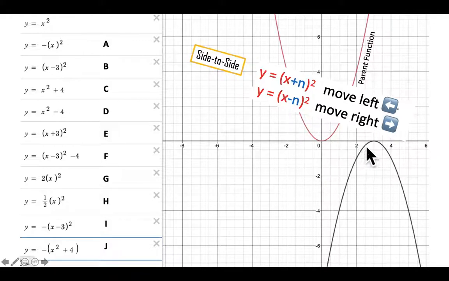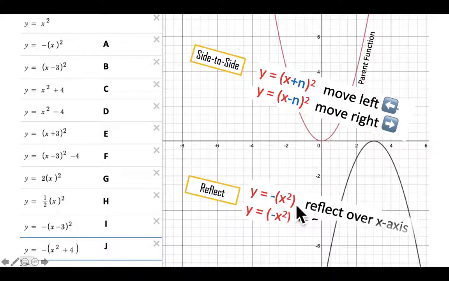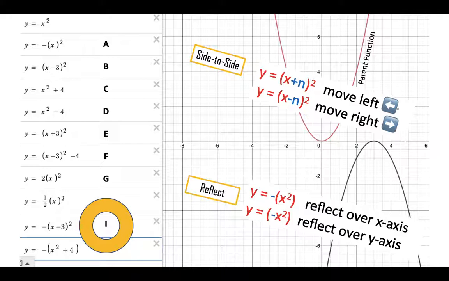So it's moved to the right 3. So we want a pattern that says x minus 3, and it has reflected over the x-axis. So we know that we're also going to look for a negative sign in front of this pattern right here. So hopefully, with that in mind, you've selected this one.